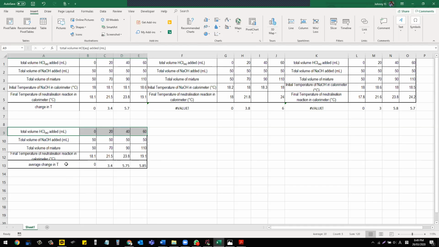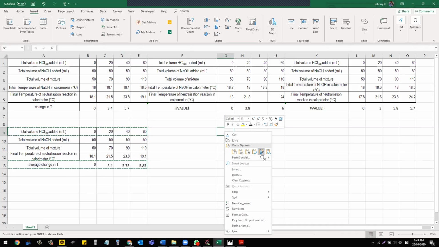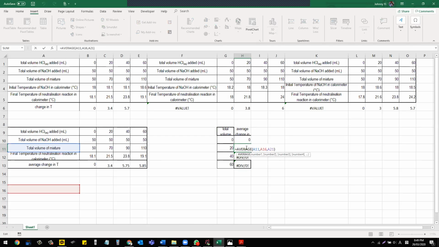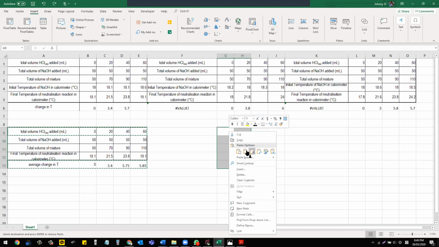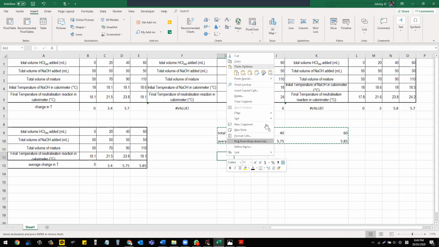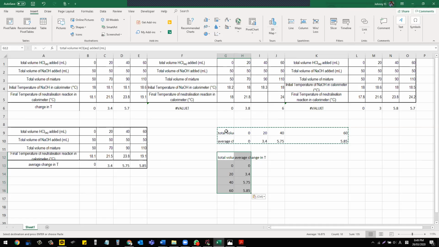Okay, I need to transpose that maybe. Transpose. That's not good. Maybe just copy that and then copy that and then transpose. Okay.